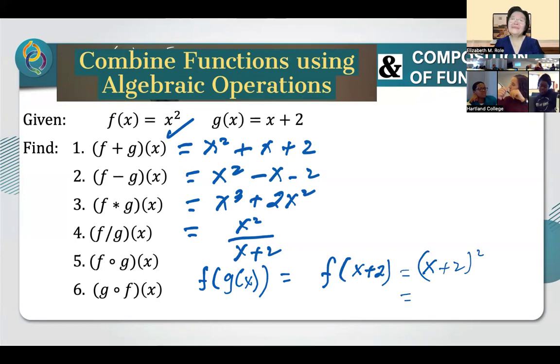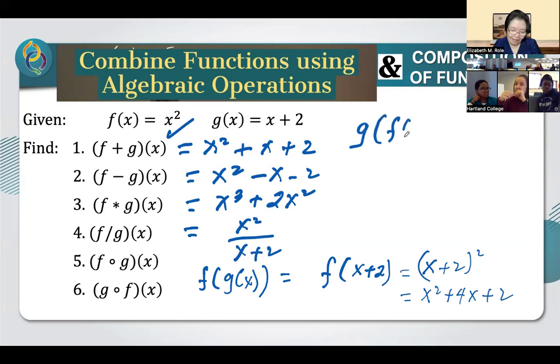Simplify. So we'll have to remember what we have discussed previously. So squaring, what will be your answer? X squared plus 4x plus 4. Very good. Let's now move to the other one, g o f of x. It will now be g of f of x.